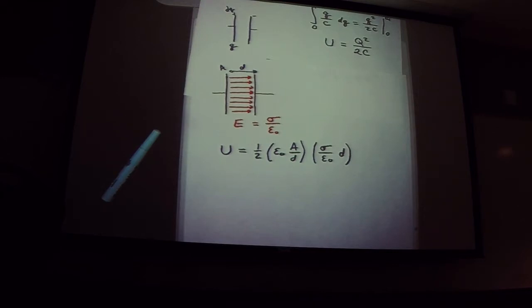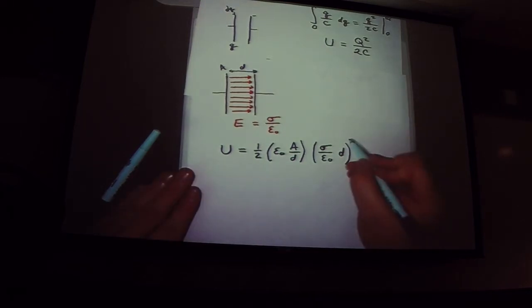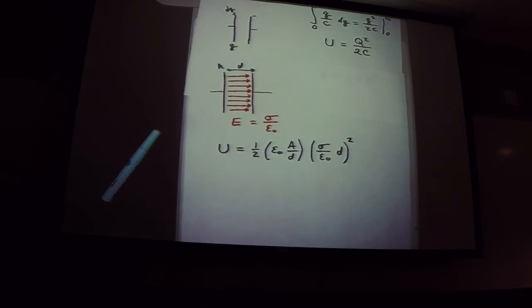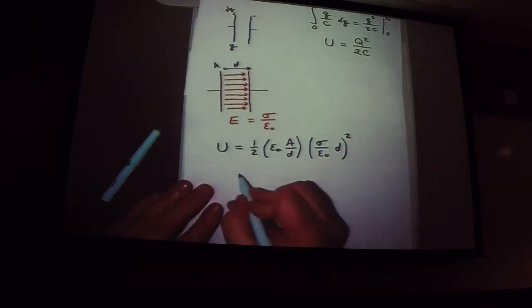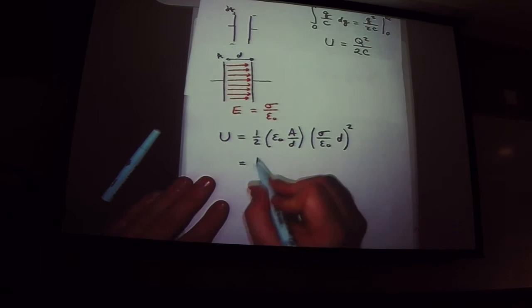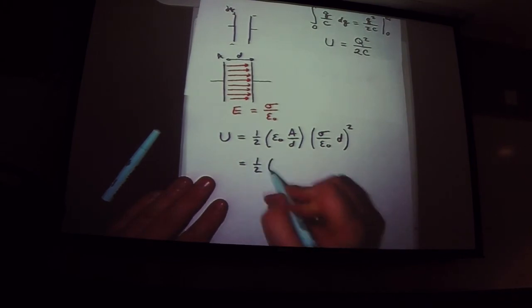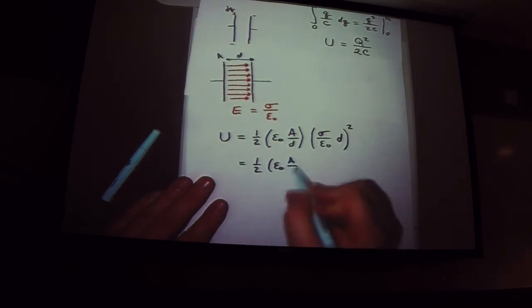Okay? So now I'm going to square this like this. Okay, so let me write this stuff out now. So I get 1/2 epsilon naught A over D.